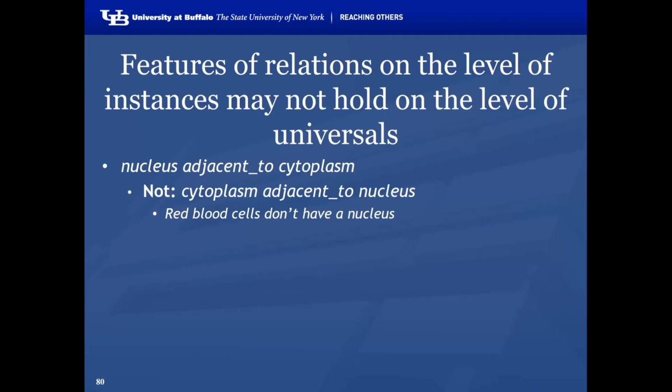They do have a cytoplasm, but they don't have a nucleus. So you have to interpret the generic statement more correctly as: all nucleuses are adjacent to some cytoplasm. That's how you need to read those relationships. That statement is correct. But if you say all cytoplasms are adjacent to some nucleus, that's not correct, because of red blood cells.